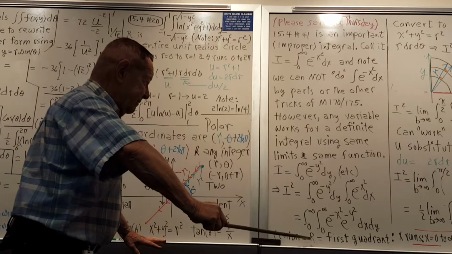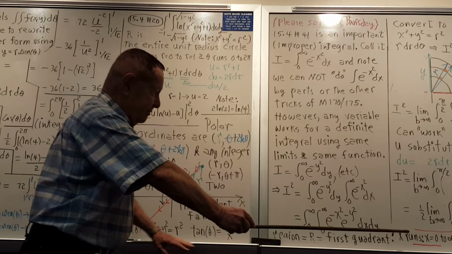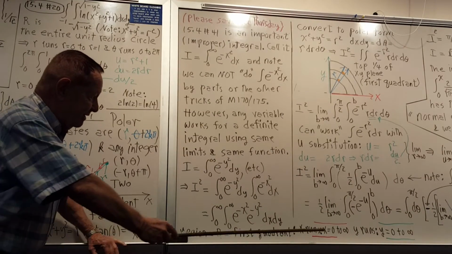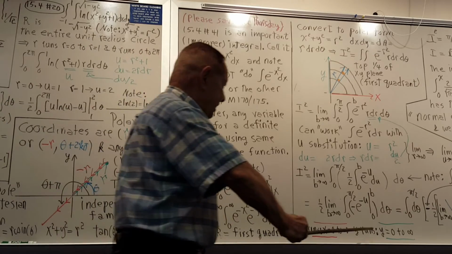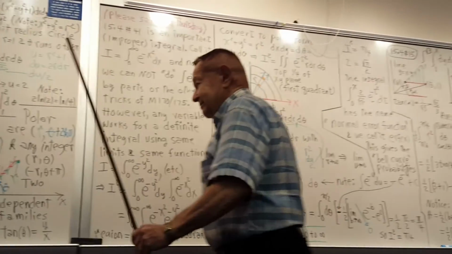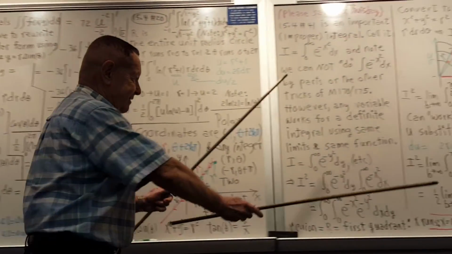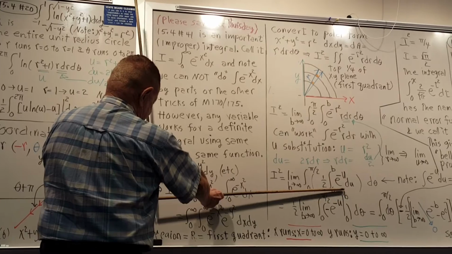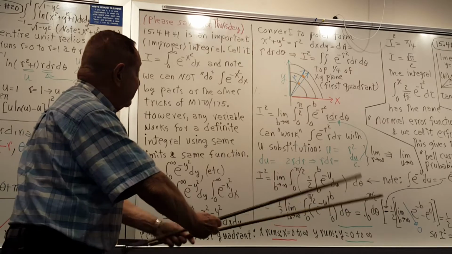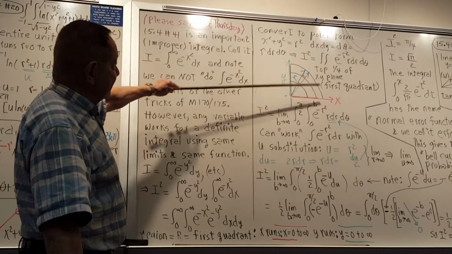So the region R for this double integral would be the first quadrant, because we'd have x running from 0 to infinity on the x-axis, and y running 0 to infinity on the y-axis. If this stick is x and this stick is y, then what you're getting is the first quadrant. So then convert that to polar form in the first quadrant.